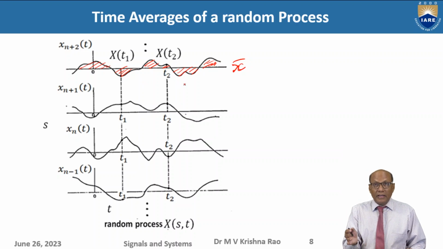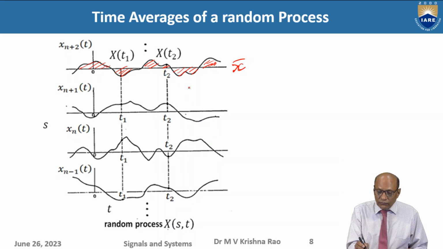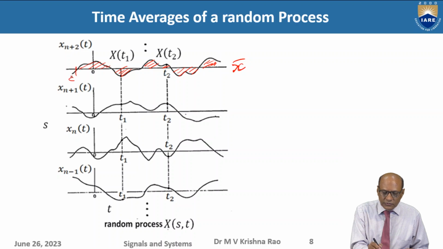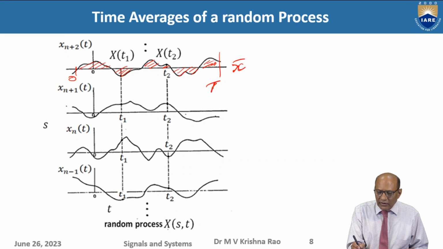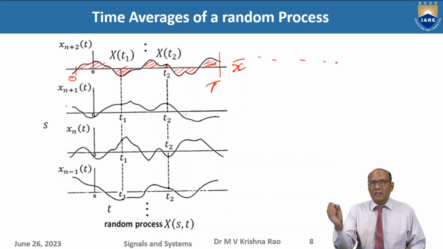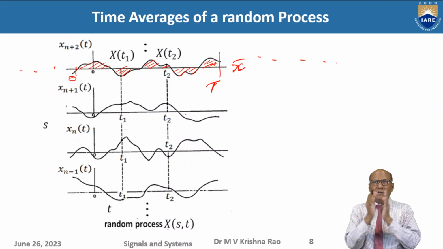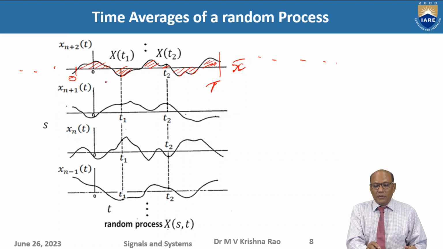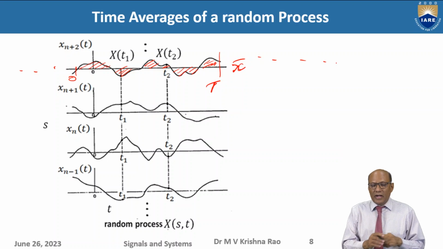So I cannot take infinite, so I have to define some duration. Let us consider that this point is 0, this point is t. So I am taking the average. Outside this t I am not considering, before this 0 I am not considering. Between 0 to t, some time slot I have to take. Otherwise, because the time function of a random process is infinite in length, if I take the area under the curve, it may be infinite also.